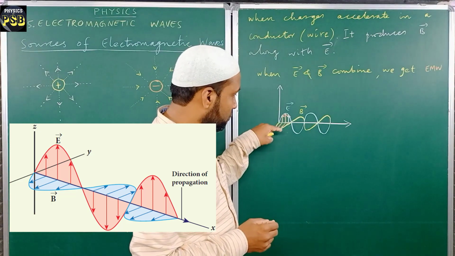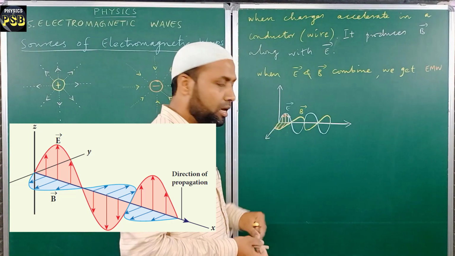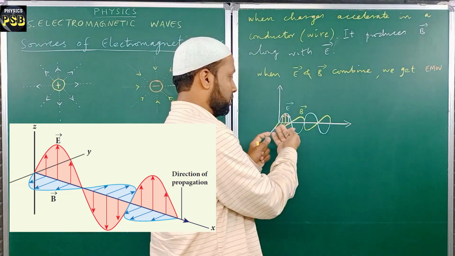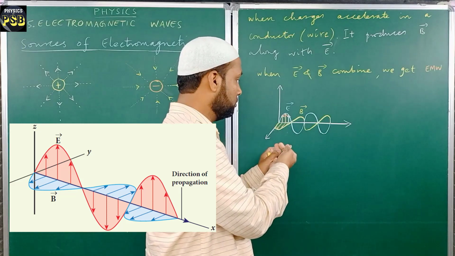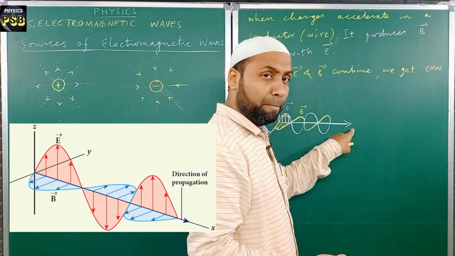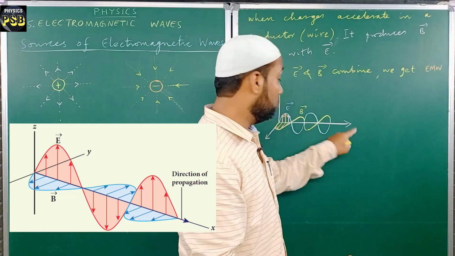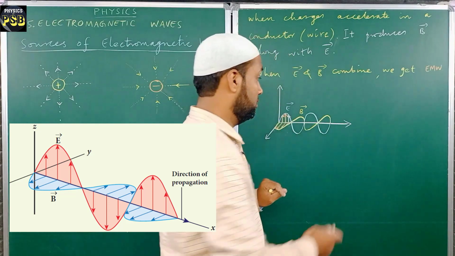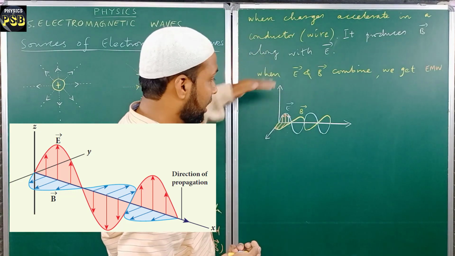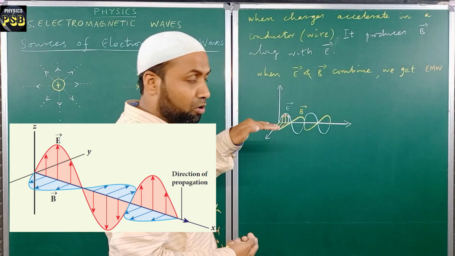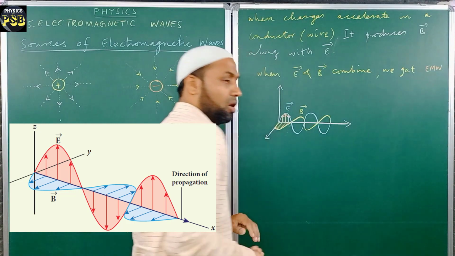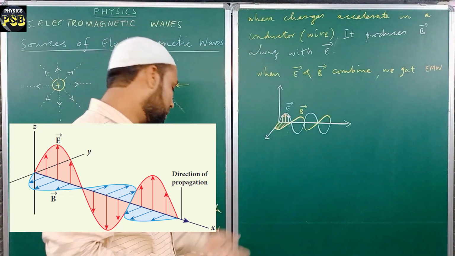Now just from the diagram, it is quite clear that they act perpendicular to each other, and the combination of these two acts in a direction mutually perpendicular to both the electric field and the magnetic field. If the electric field vibrates in this direction and the magnetic field vibrates in this particular direction, then the electromagnetic wave will act along a direction which is perpendicular to both.